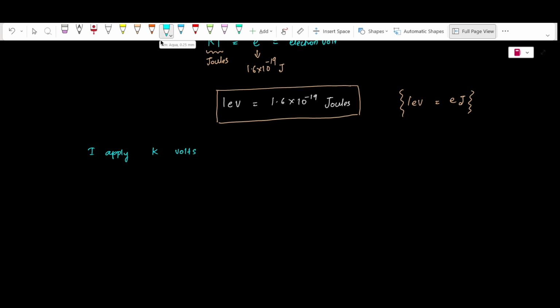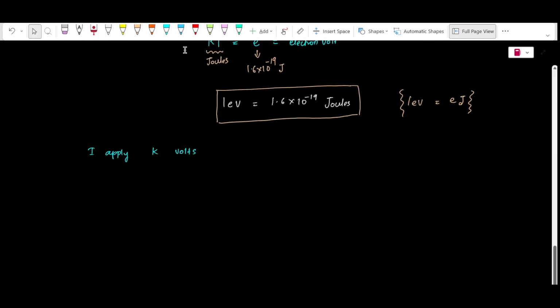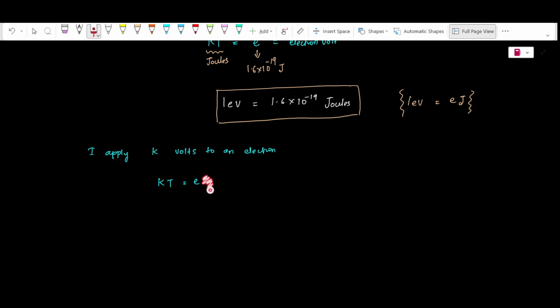From the previous expression, I can see that kT is e times Vt, to an electron. So what does that mean? If I apply 1 volt, this is an electron volt. Now if I apply 2 volt, it will be 2 electron volt.